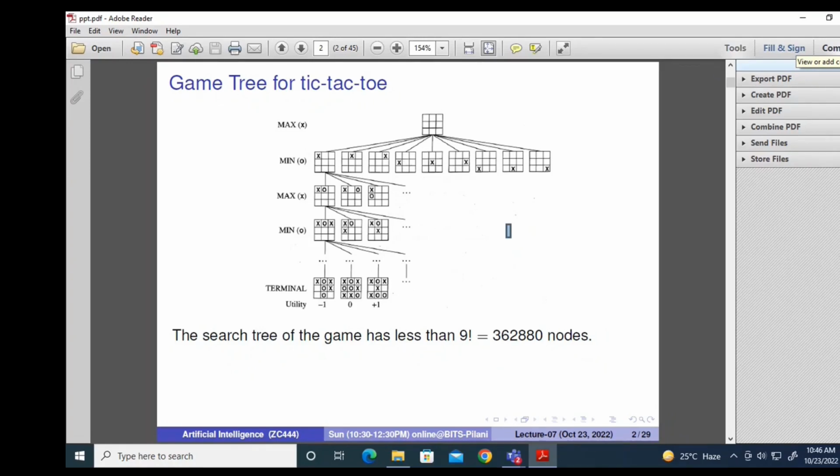So there is someone who is max, and someone who is min. Who is max? You are max. And who is min? The system is min, which is actually going to come in to defeat you. However, if you are making an AlphaGo kind of system, then you want that system to win.